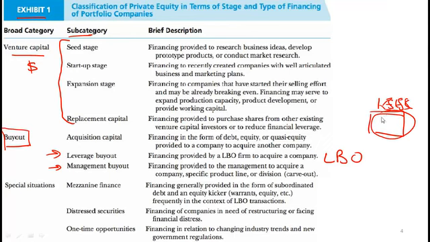Then it will try and improve the operations of this company over a number of years. And during the years, from the cash that is generated, it will pay off the debt. And at the end of, say, 10 years, sell off this company at a very high price after having fixed it. Okay, that's the theory. Doesn't always work, but that is the theory.